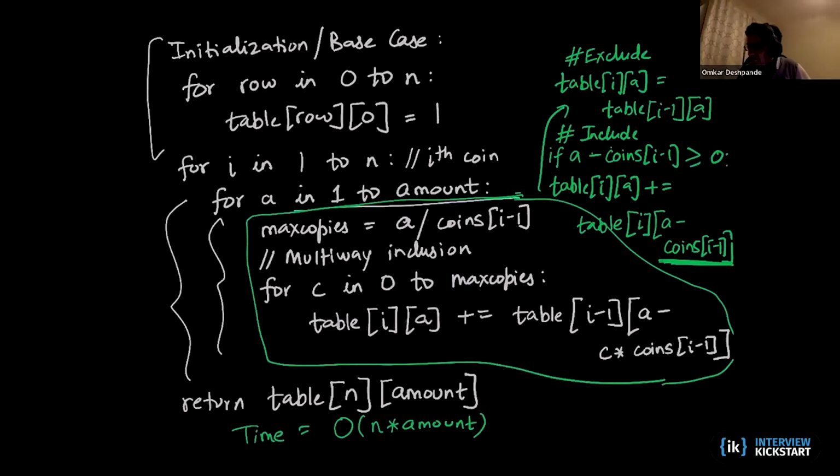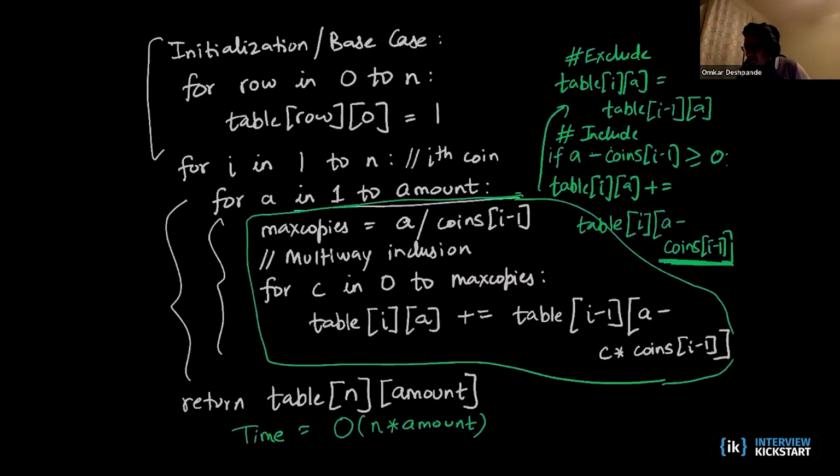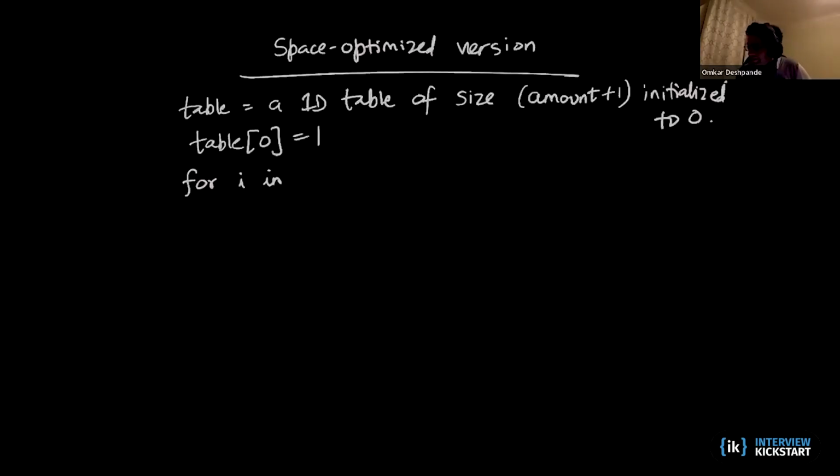Yeah, because the value of I, if you're talking about the ith coin, the blue arrows start from the first coin and go up to the nth coin. That's why I changed this to a 1. So I'll just be consistent with that. ith coin means the first coin, second coin, all the way up to the nth coin.